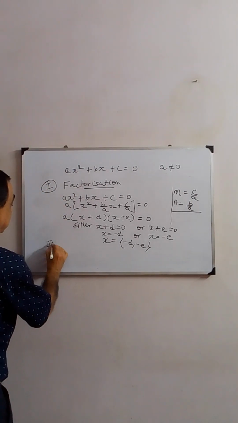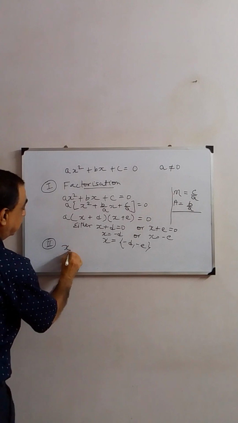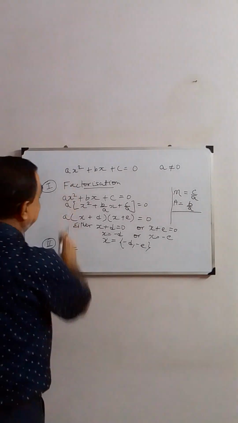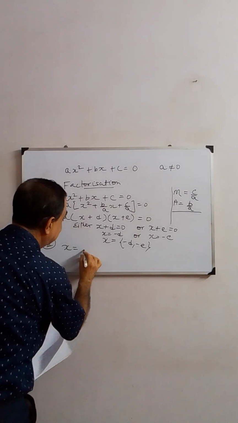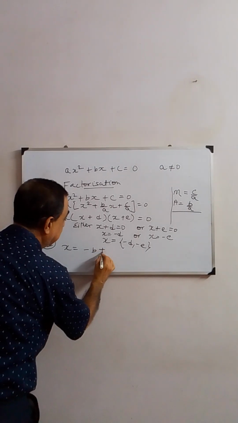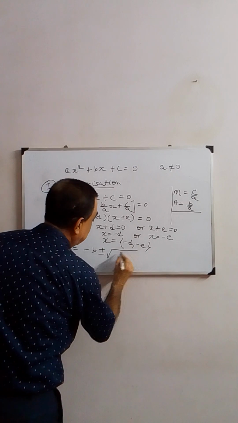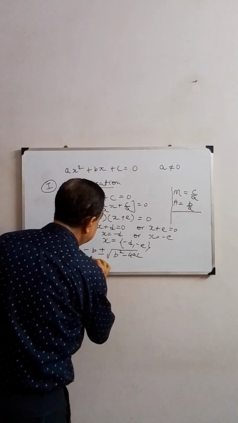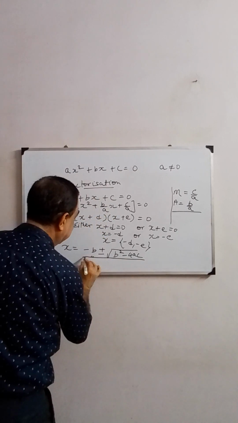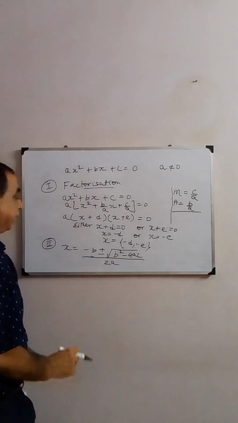Now the second method is by using the formula. So what is the second method? Here we will find out the value of x directly by using the formula, which tells us x is equals to minus b plus minus square root of b squared minus 4ac, this whole divided by 2a.